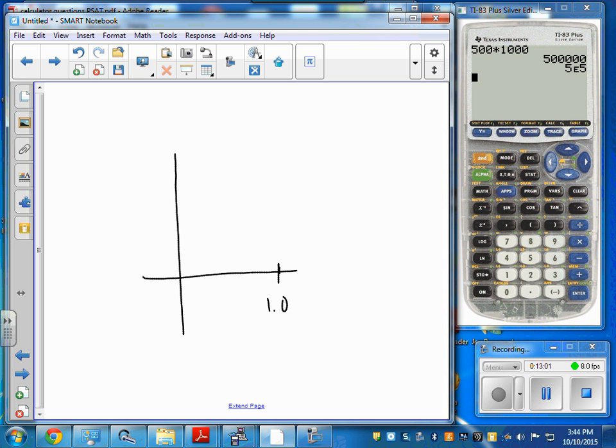Here's 1.0, and this is 0.5, and they're saying the distance is 0.9. So what we're doing is we're looking in this area, and we're trying to find dots.